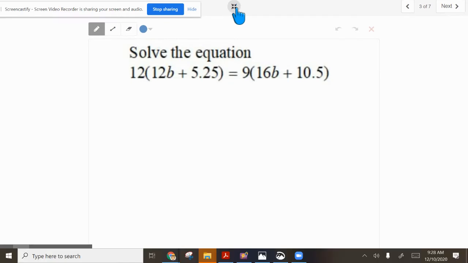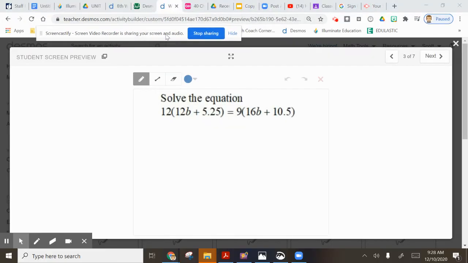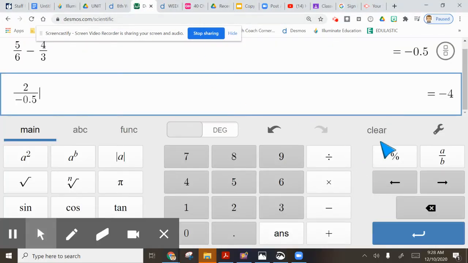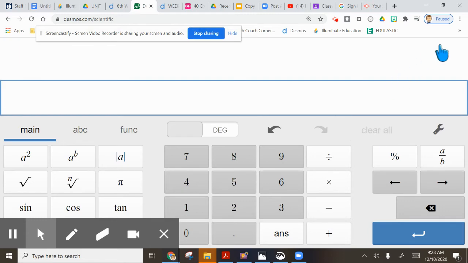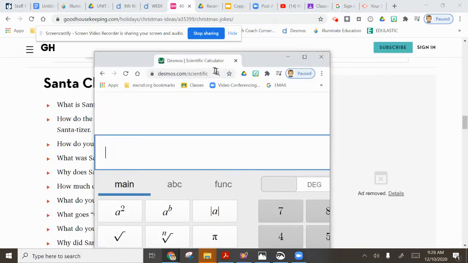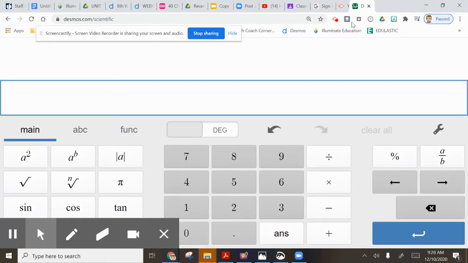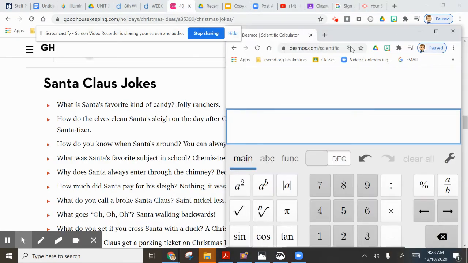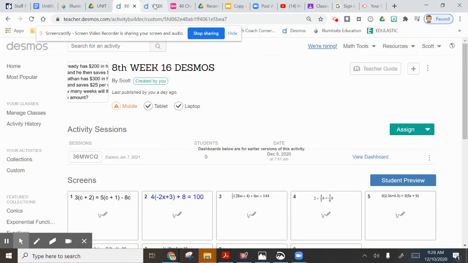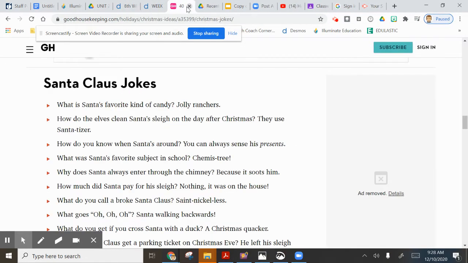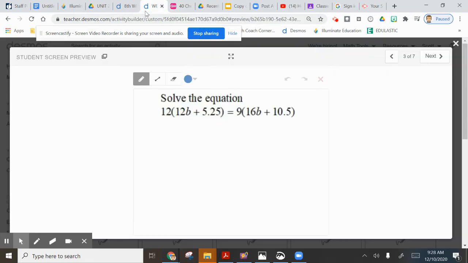This one, I would want you to open up your calculator because there are some calculations you have to figure out. So let me clear this off. And I think we need to get fancy with this. Let me try to do this. Actually, I'm just going to minimize it. And then, oh, you guys caught me. There's my Santa Claus dad joke slide. That's funny. All right.